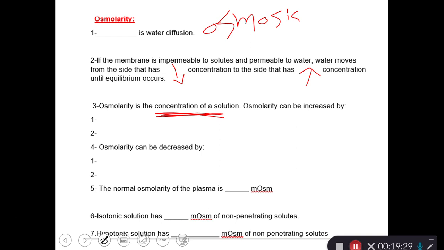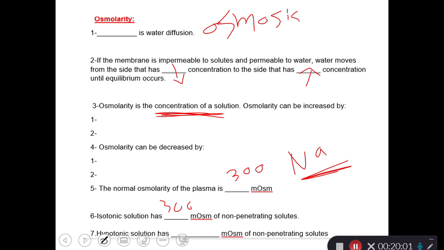What is the normal osmolarity of the plasma? It is 300 milliosmoles, and this is of non-penetrating molecules. The main thing that determines our blood osmolarity is sodium, because this stays outside the cell. The isotonic solution has 300 milliosmoles of non-penetrating solutes, so it resembles our plasma.